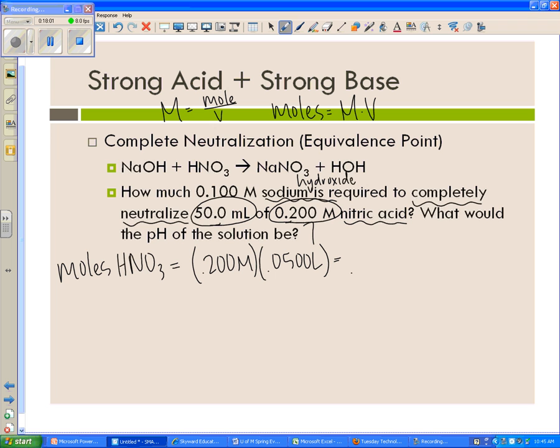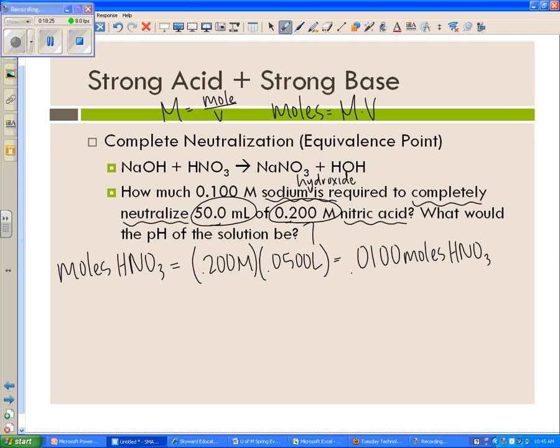0.01. Because this is a monoprotic acid, I know that I also have 0.01 moles of hydrogen ions.